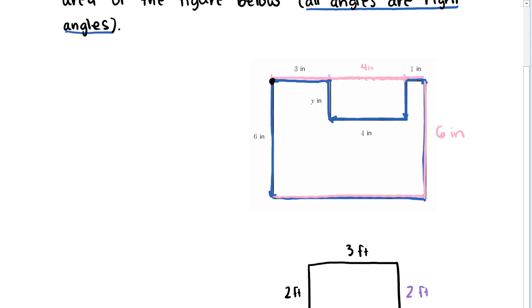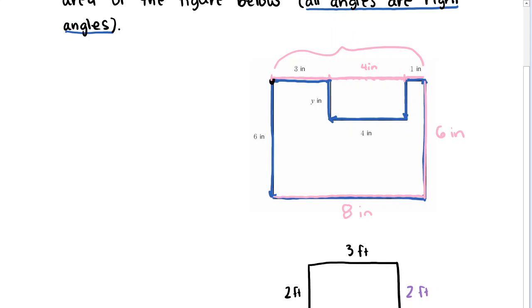This is 4 inches because it's opposite this side length here. And then here it's 1 inch on top of that. So 3 plus 4 plus 1 together make 8, right? So maybe I'll say that this side length is 8 inches long. And this means that this side opposite, when we're looking at this big rectangular figure, is also 8 inches long.